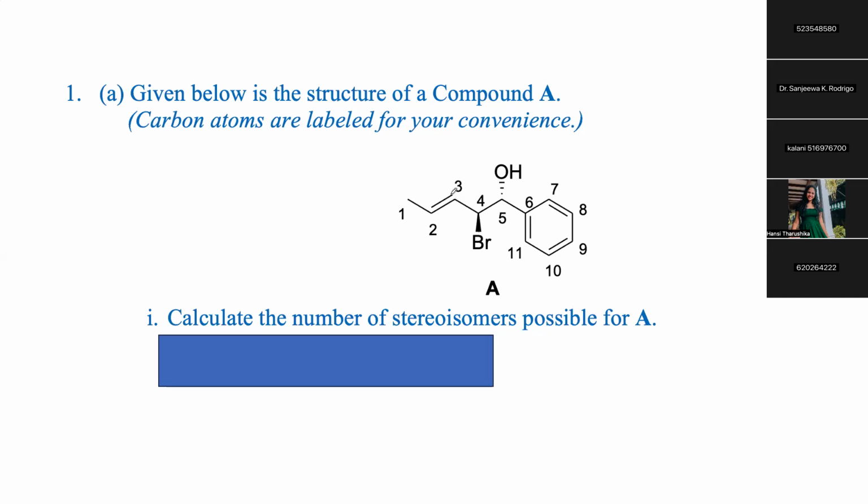This double bond could have two isomers, E and Z. Therefore, this is considered one stereo center, this is the other one, and this is the third one. So you have three stereo centers or stereogenic centers.